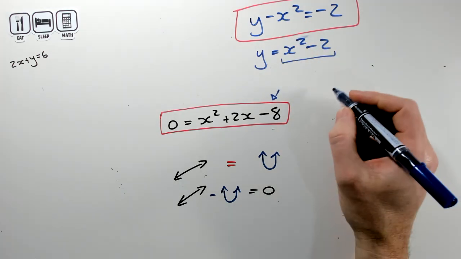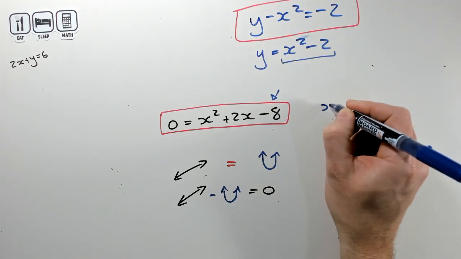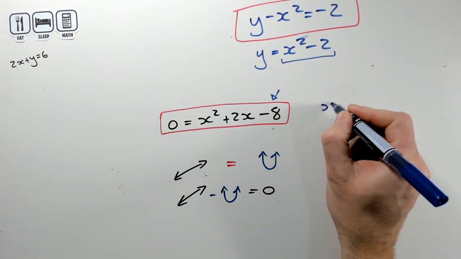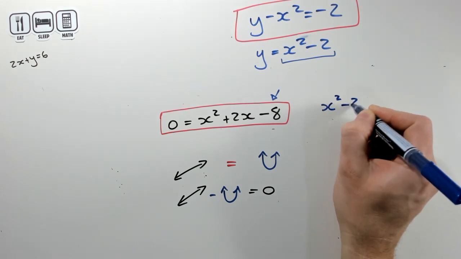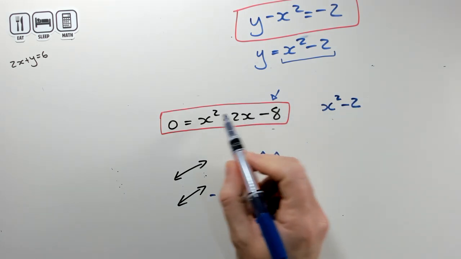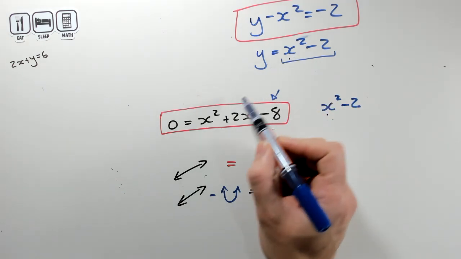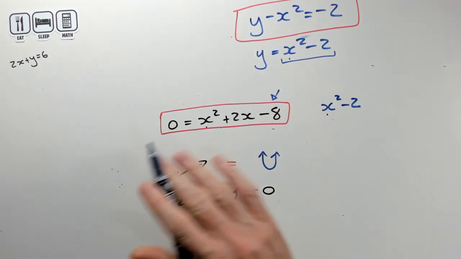So I'm going to write my x squared minus 2, and then I'm going to compare it. I have an x squared there, and I have one x squared here, so that's fine.